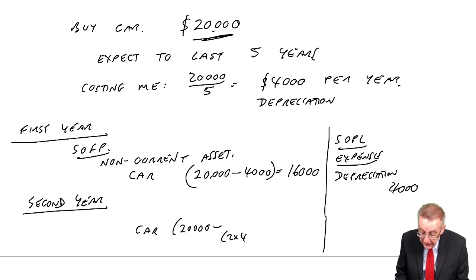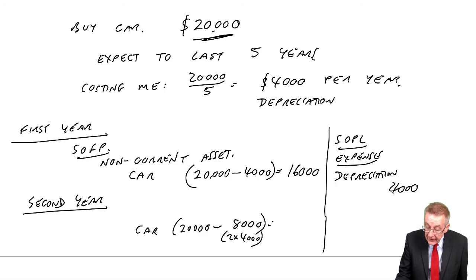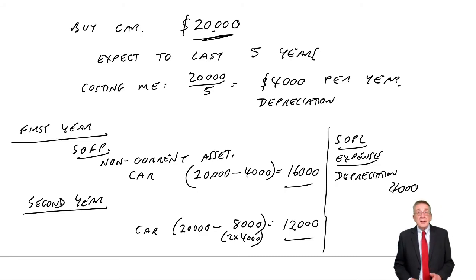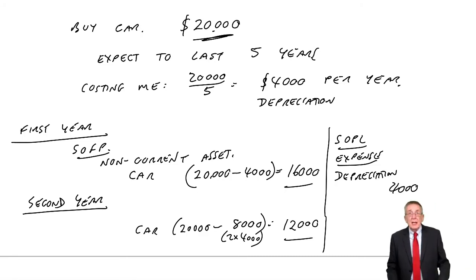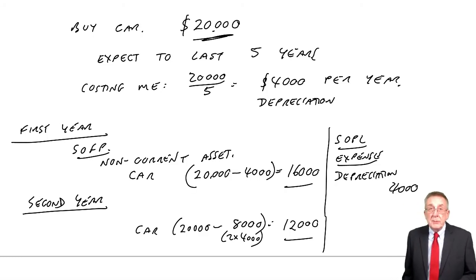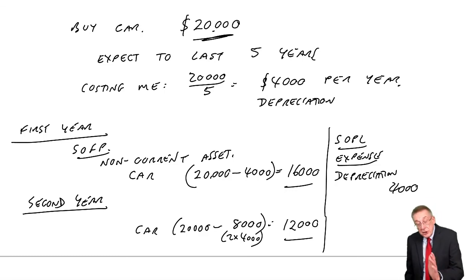And 2 years at 4,000, I've used up 8,000 of the car. And so we'll reduce its value again. We'll only show it at the end of the second year as being worth 12,000. Which I think is fair enough. As I use up the car, it's silly to keep showing it at the original cost of 20. Each year, I'll reduce its value.